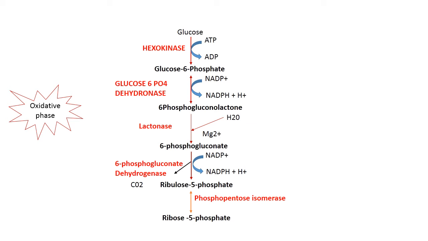The reactions involved in this step are in the oxidative phase of the HMP shunt. So the end product of the oxidative phase of the pentose phosphate pathway is ribose 5-phosphate.